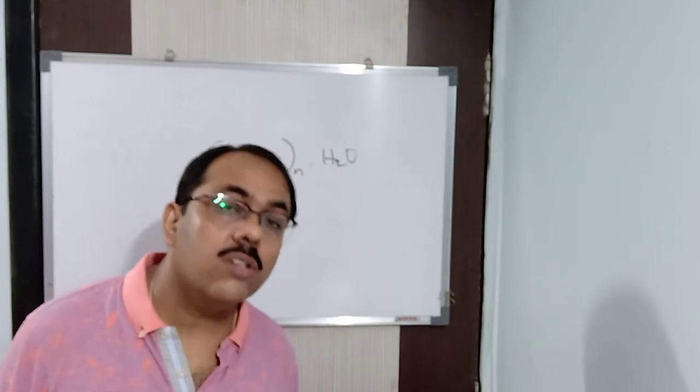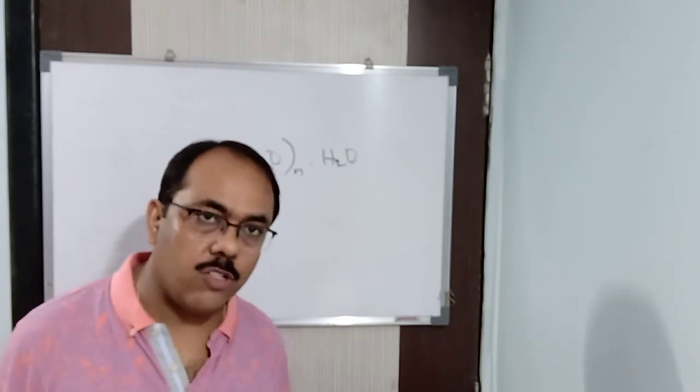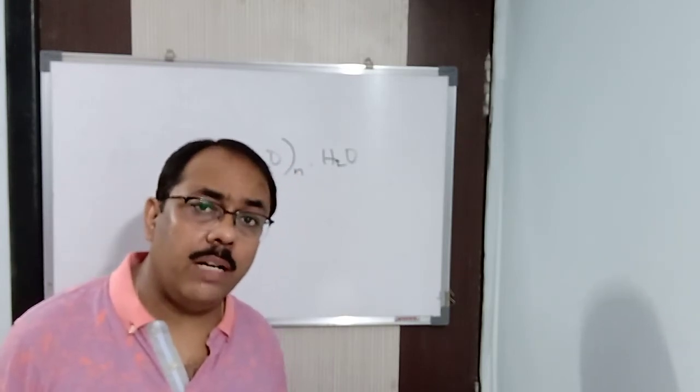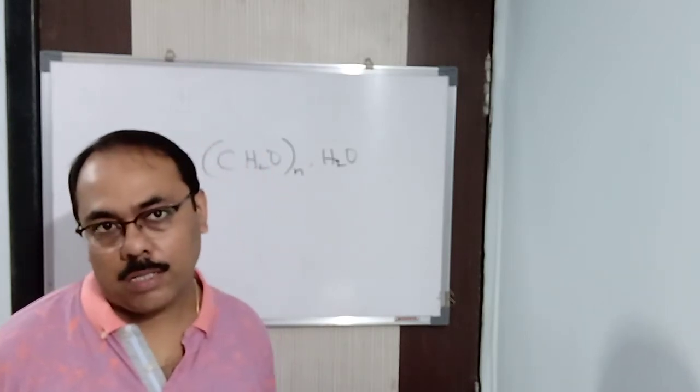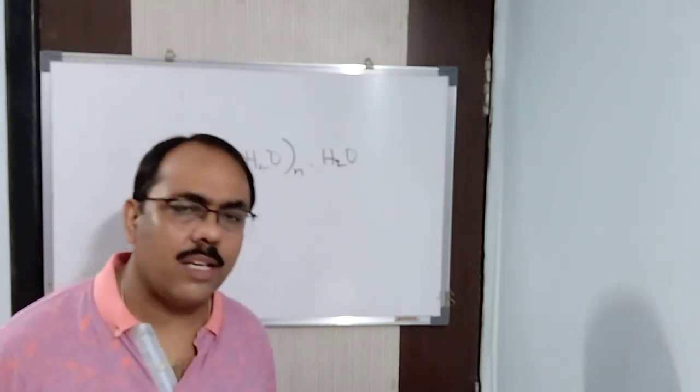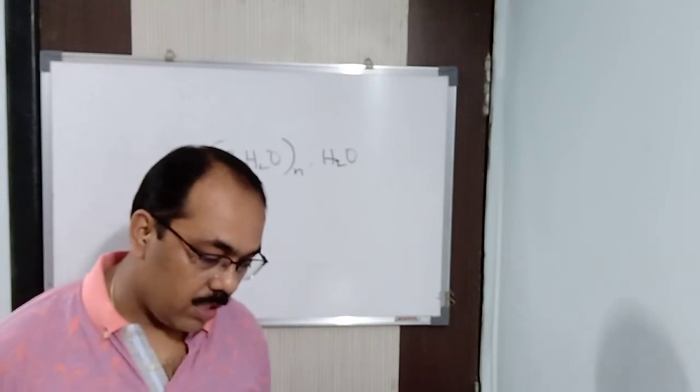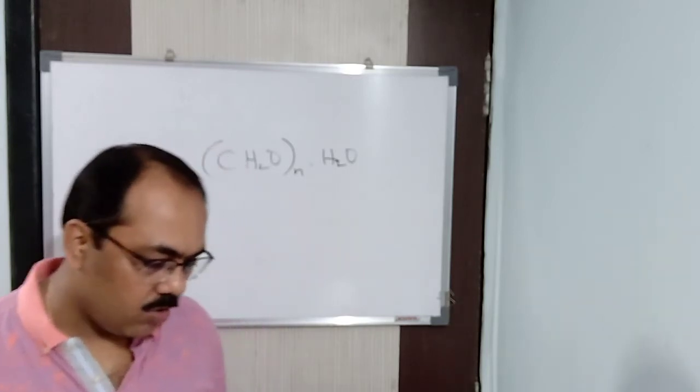Why is it tri? Because 3 molecules of formaldehyde polymerize to form this particular product, simply by standing undisturbed at room temperature. I am going to write it and show it to you.